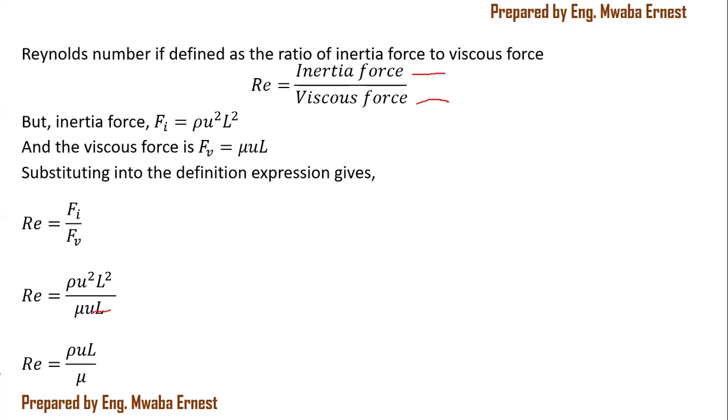L will cancel with this L so that you just remain with 1. Then U, there's U squared and this is just U, so you remain with one of them there. Meaning that on top you have density U L over the one which is intact, which is mu. So after that, you can even write hence proved.